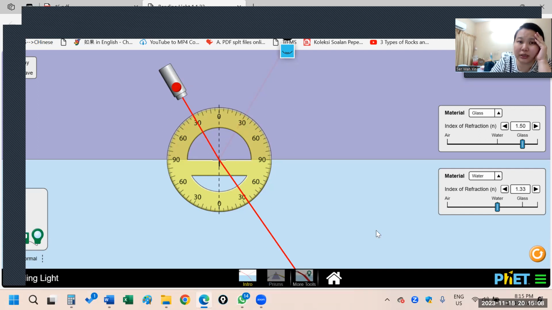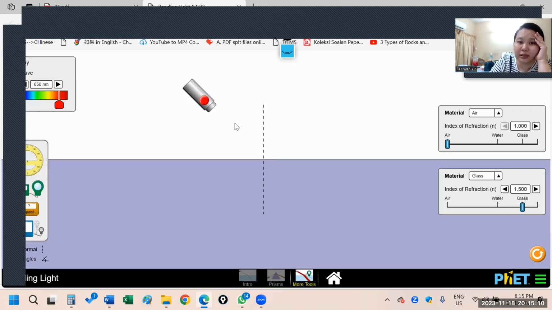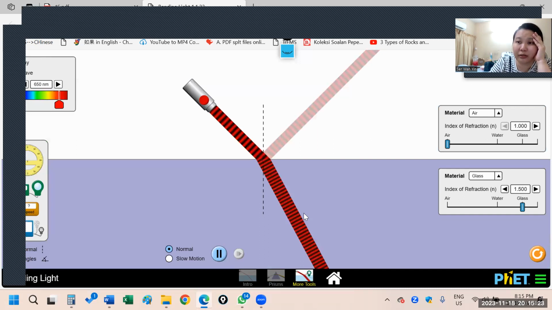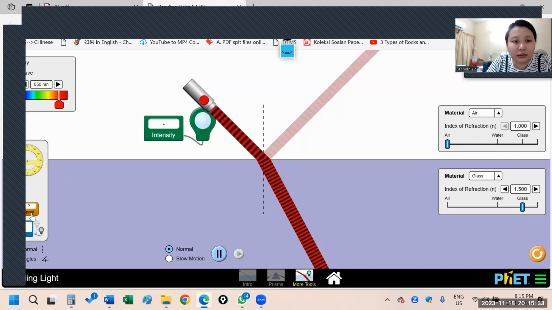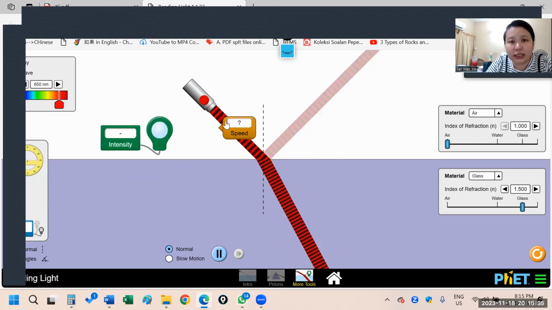Okay, so if we use the wave, we can see the wave. This is the wave we have learned in chapter 5. So you can see this is the speed. In the beginning it is 1c, 1c means the speed of light.